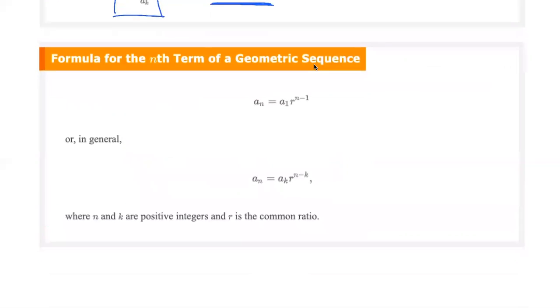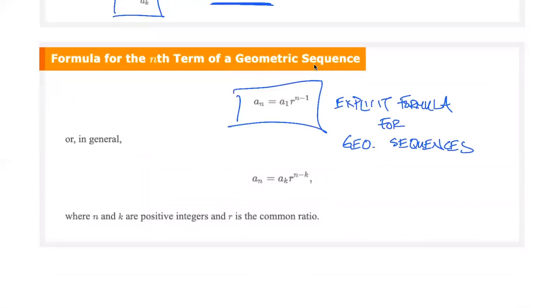Now, this one is what we consider our explicit formula for geometric sequences. Okay. And that's going to be the one that we primarily use.